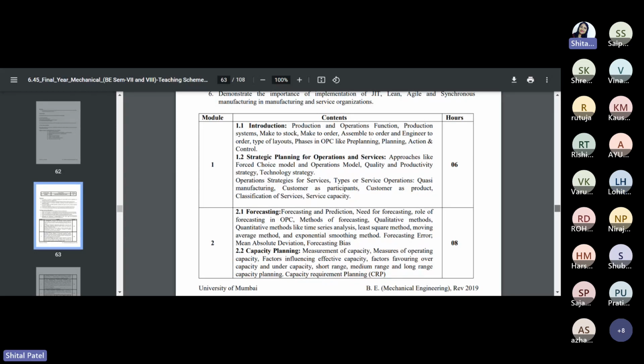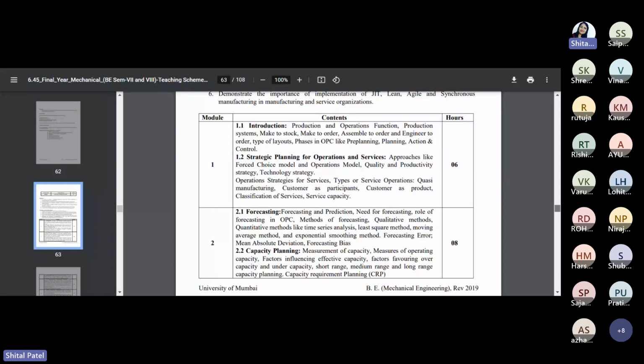But when it is asked in terms of phases of OPC, at that time you need to explain under the heading of pre-planning some of the functions. Three functions are there, right? Then under the heading of planning, again three functions are there. And in terms of action and control, again four functions are there. So in that way, you need to explain phase-wise. Okay? So this belongs to module number 1.